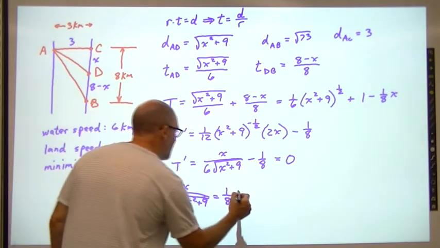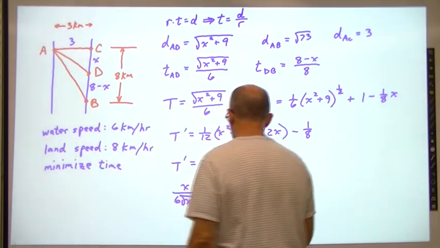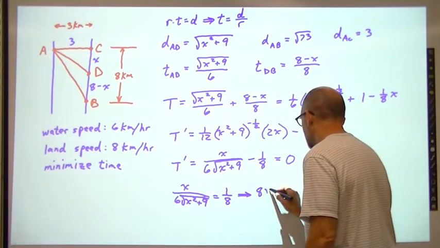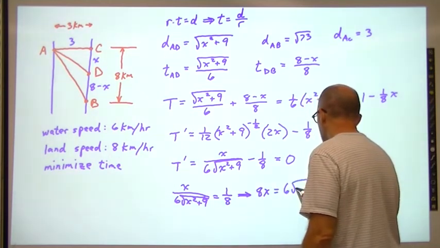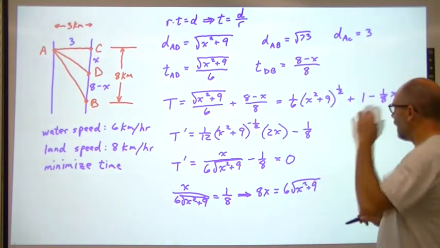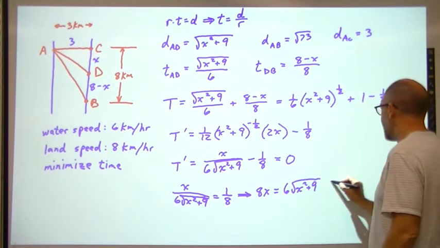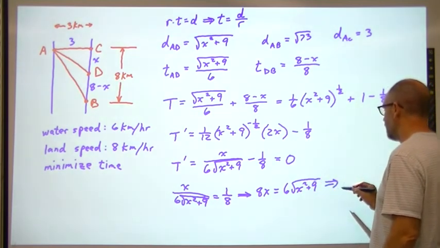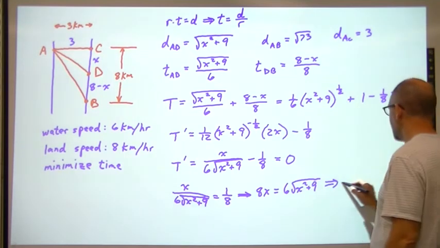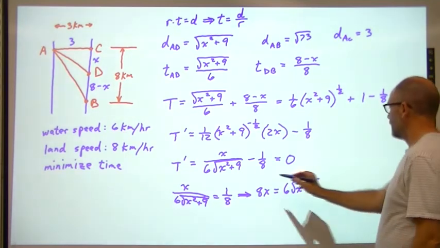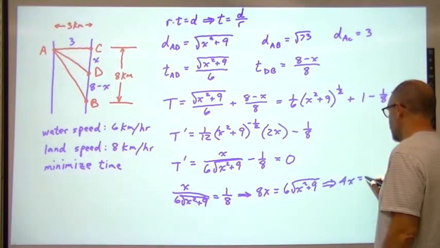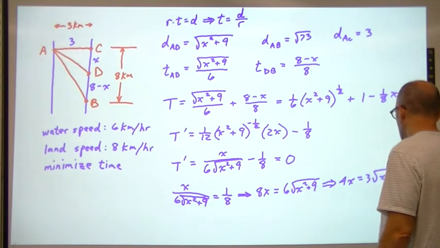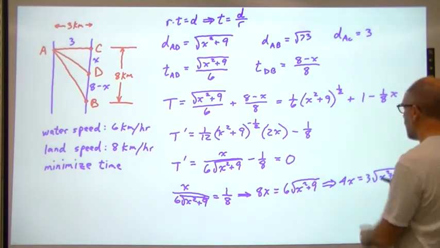Now, that means 8x is going to equal 6 square root of x squared plus 9. And before we square both sides, let's divide both sides by 2. So that means we've got 4x equals 3 square root of x squared plus 9. Now we'll square both sides.